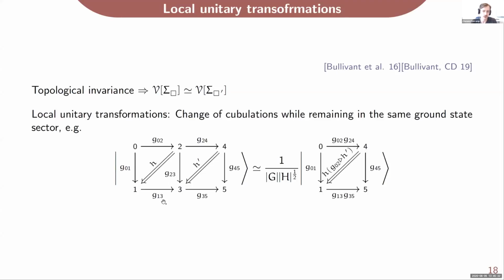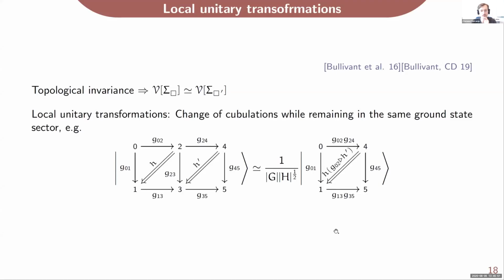So, for instance, if I have two neighboring plaquettes and I'm considering a ground state on this, I can merge the plaquettes. It's a local transformation in order to have an isomorphic state on a single plaquette, which is the merger of the two.